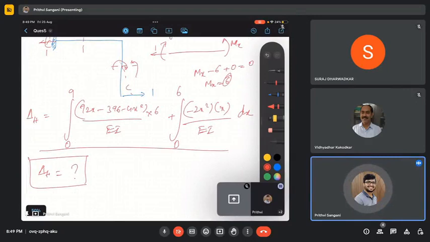So this is about the unit load method, how we use the unit load method to easily solve some complicated determinate structures. I think from the next week onwards, we'll be discussing how to solve the indeterminate structures.